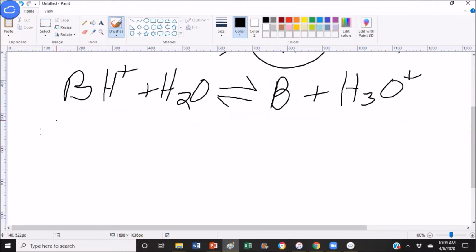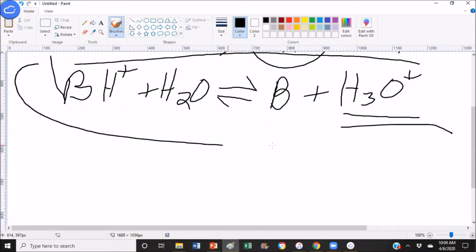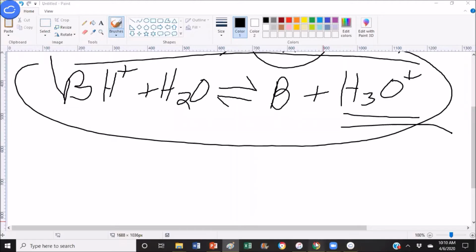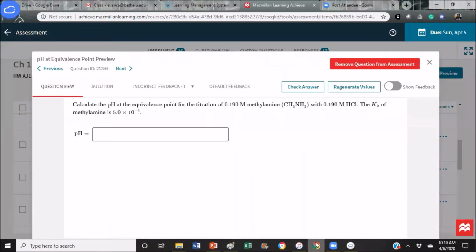But it's asking us, what is the amount of H3O under this scenario where I have all BH, all protonated base, and no deprotonated base? So let's look at that. I'm sorry, wrong thing. It says pH of 0.19 molar methylamine with 0.19 molar HCl.